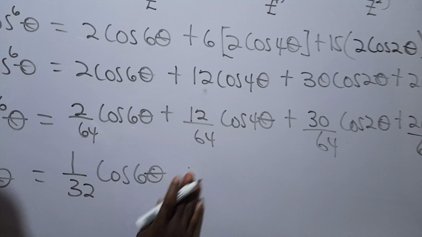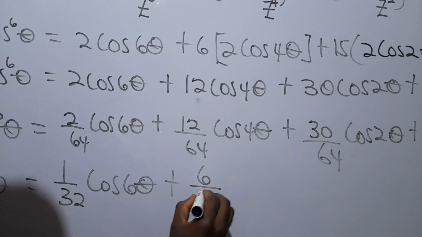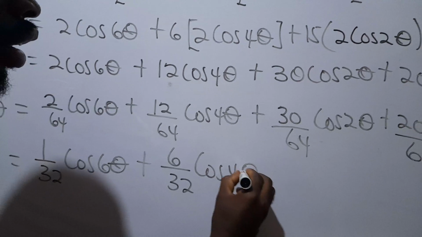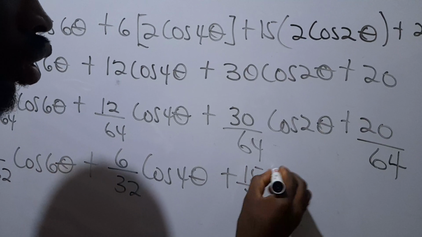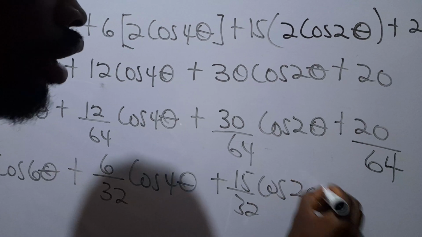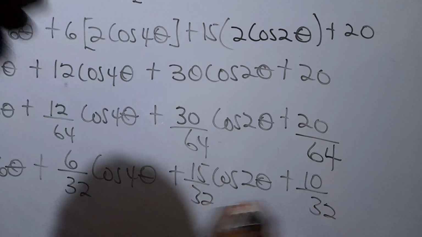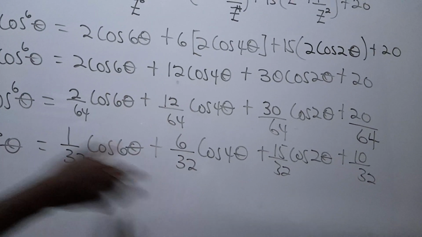So I'll leave this to be 6 over 32 cos 4 theta plus 15 over 32 cos 2 theta, then plus 10 over 32. So since 32 is common to all, I can factor out.